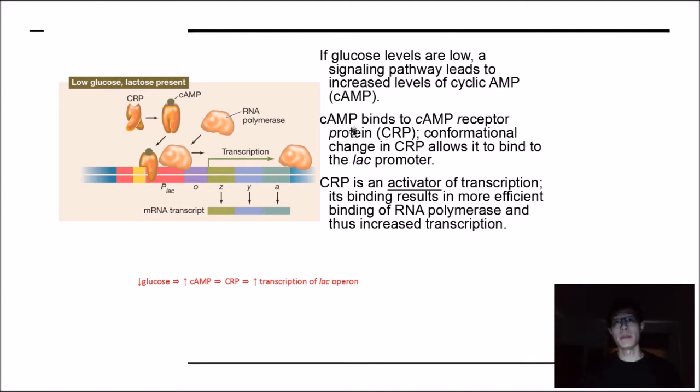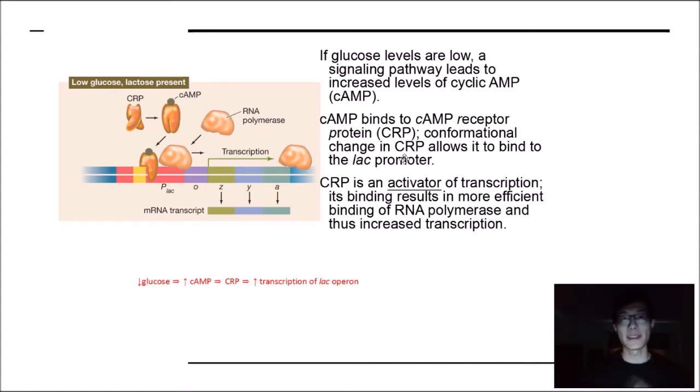That cyclic AMP is ultimately going to bind to a cAMP receptor protein, or CRP, and the conformational change in the CRP allows it to bind to a lac promoter. The CRP here acts as an activator of transcription, and its binding results in more efficient binding of the RNA polymerase and therefore increased transcription.